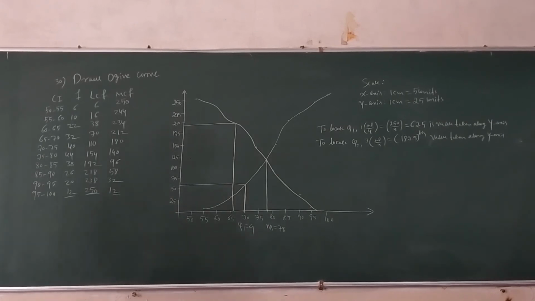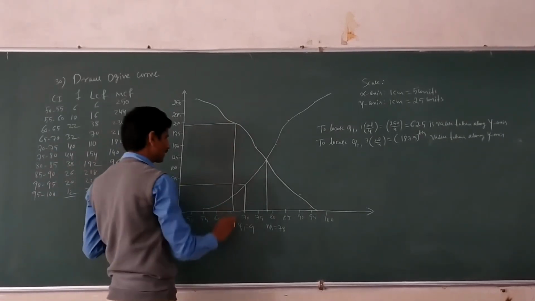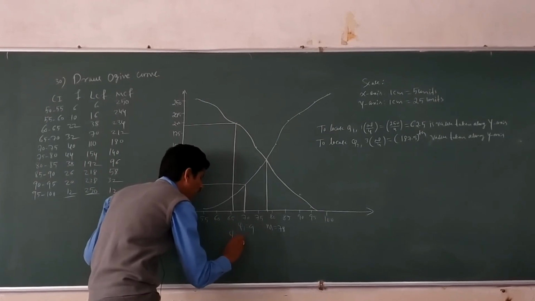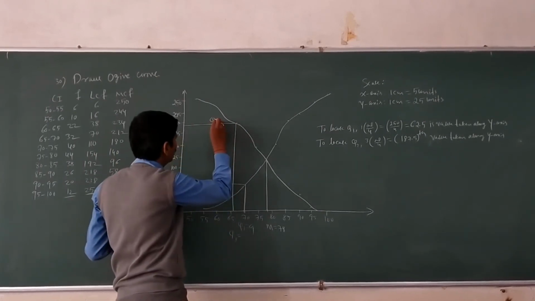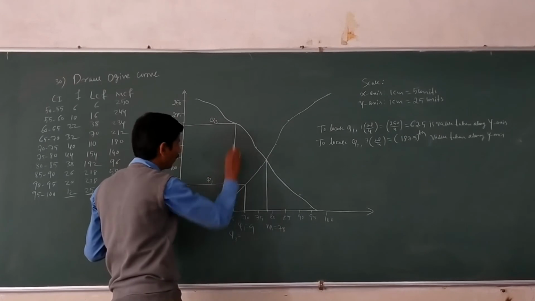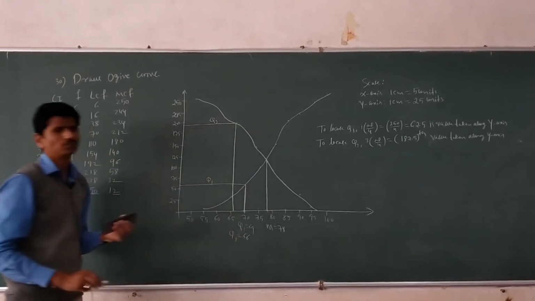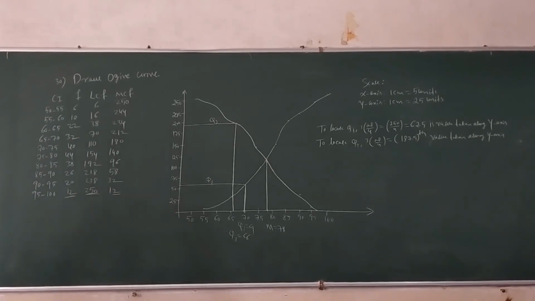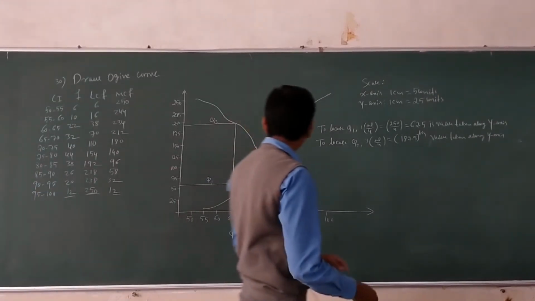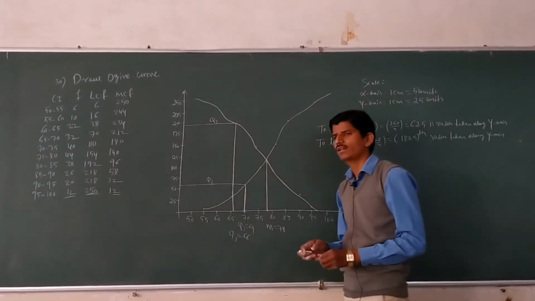The point on the x-axis gives the third quartile value, Q3 equal to 66.